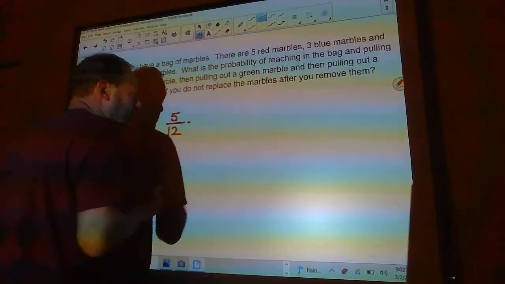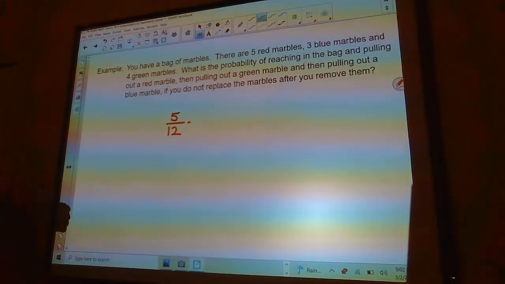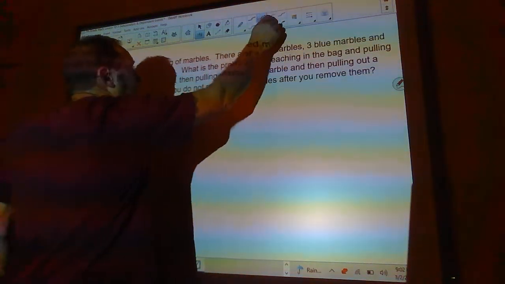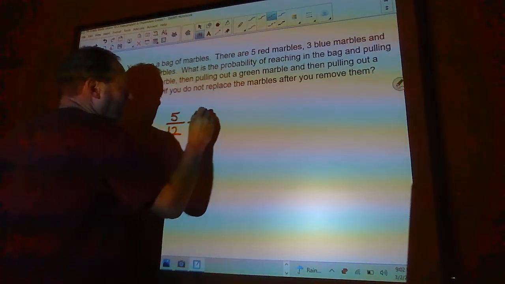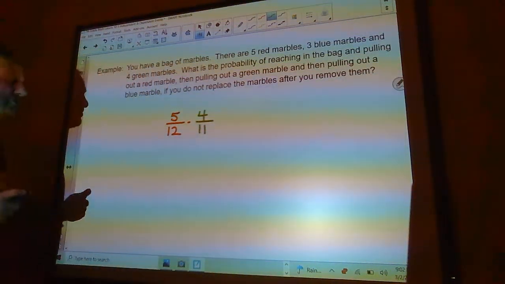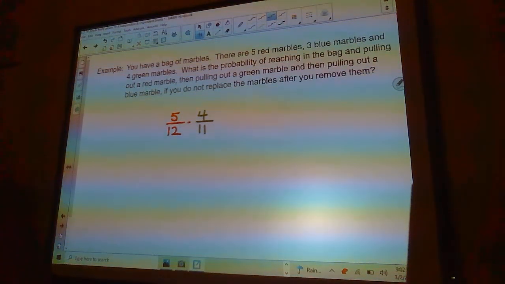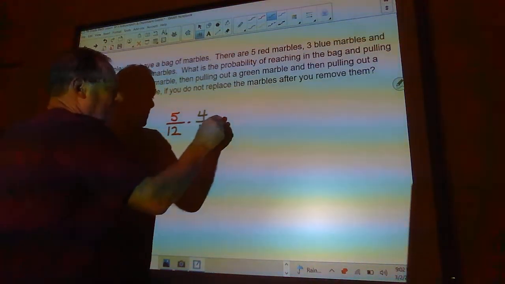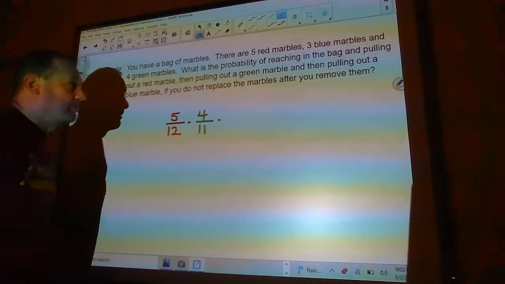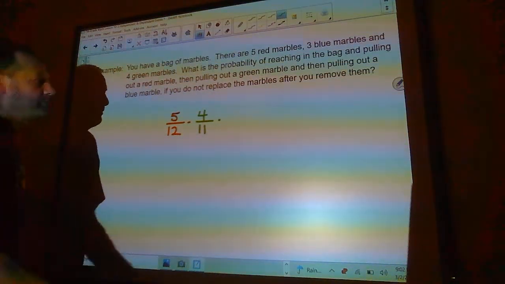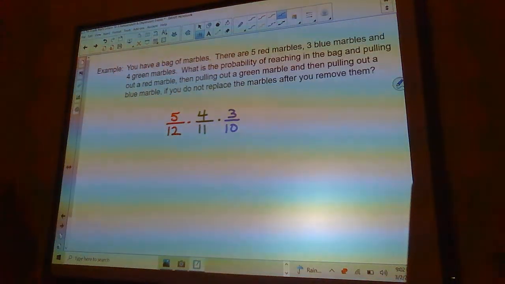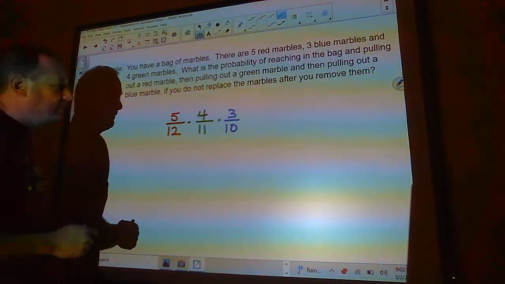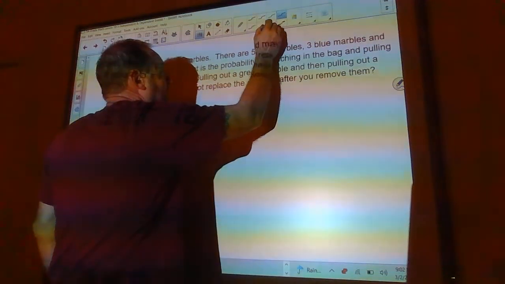Now remember, you removed one of the marbles, so we're going to pull out the green one next. There's 4 green marbles, but only 11 marbles left to choose from. Now we're going to pull out a blue marble. There's 3 blue marbles, but only 10 marbles left in the bag.